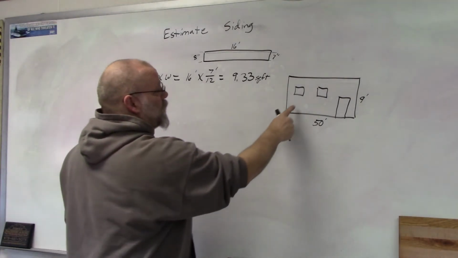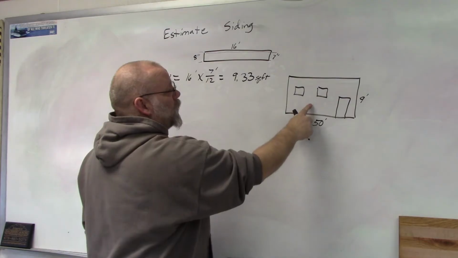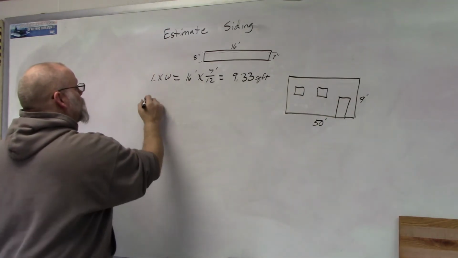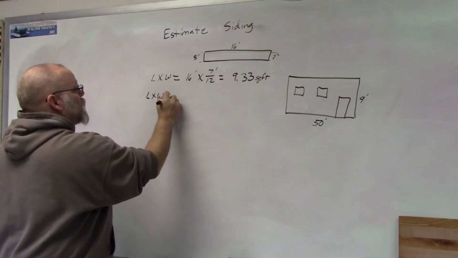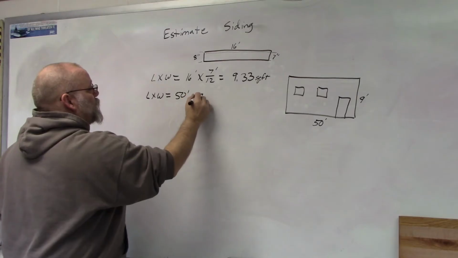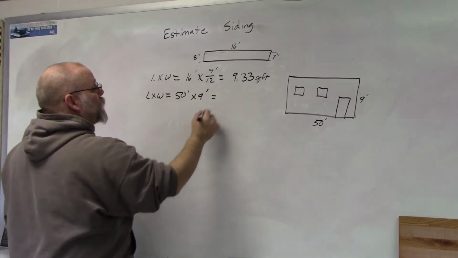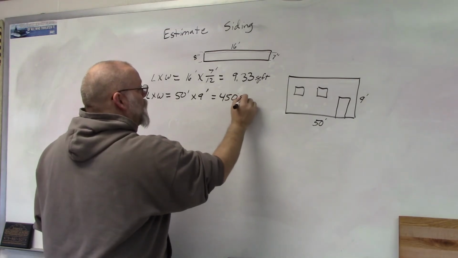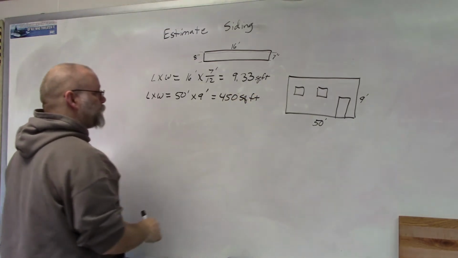So the next thing we need to do is find the size of this area. Again, we're doing length times width because we're finding area. We have 50 feet times 9 feet, which gives us a total of 450 square feet.